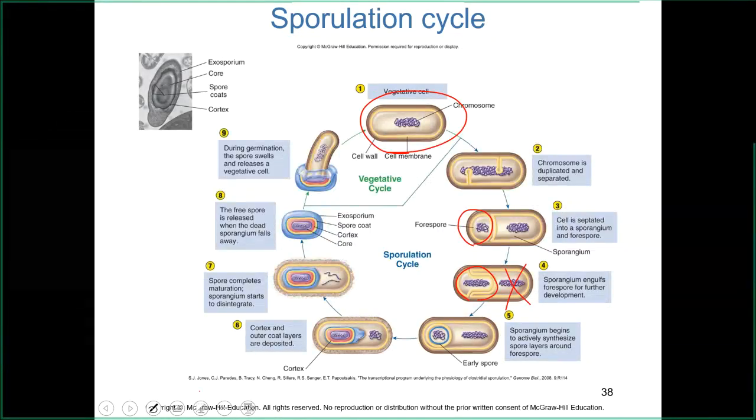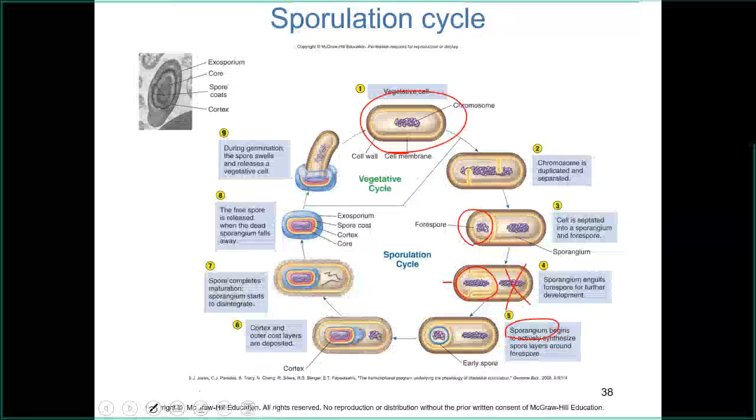That DNA is no longer going to be used, but this is the good stuff in here. More cell wall, more cell membrane, and other constituents are going to come in there to start to surround this. And so that sac that's forming there is called a sporangium. So the endospore at this early stage is going to contain a sporangium, which literally means spore sac.